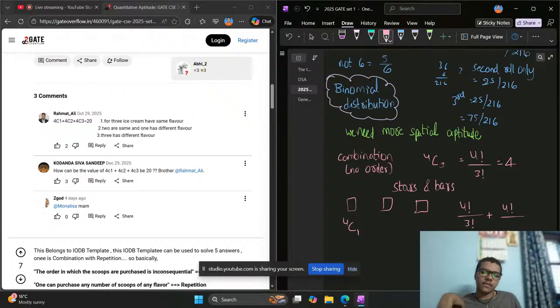Four, three, two is all right. How much is this? This is 4 plus 4 into 3, that's 2 into, we cut off, and that will be 2 times, plus 6 plus 4.